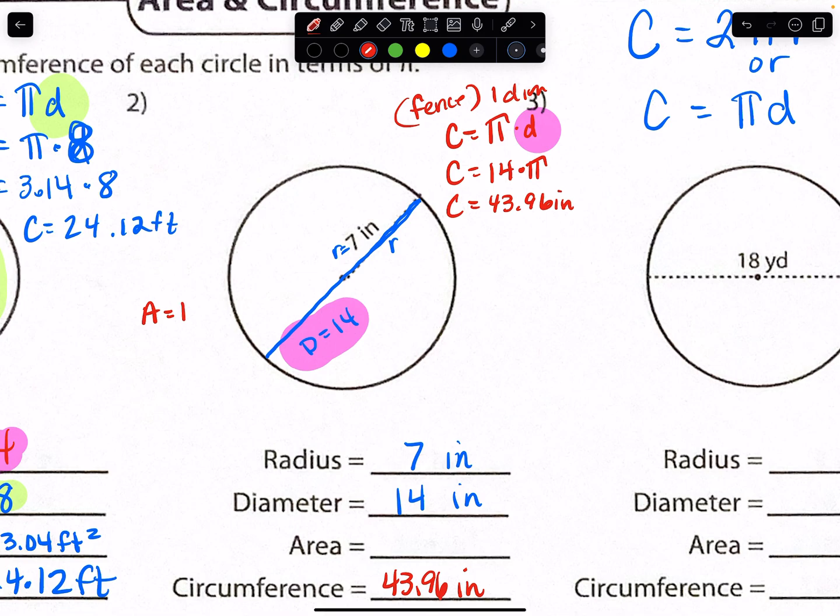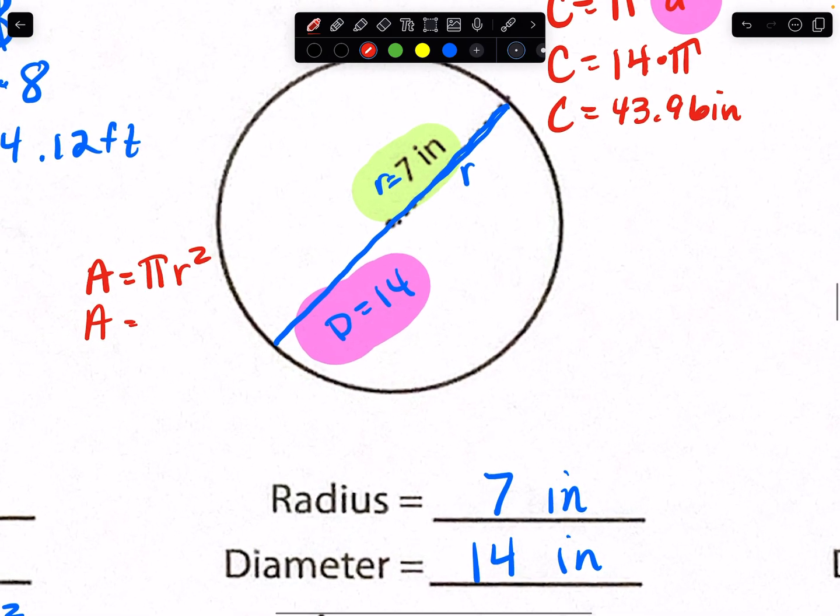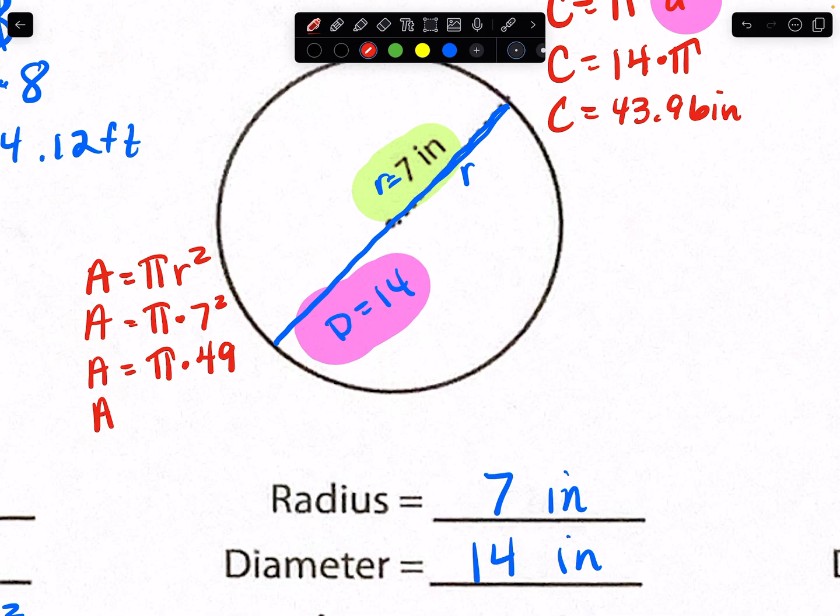So area equals, let's do it right this time, pi r squared. Okay, now since we know the diameter is 14, our radius is 7. So I'm going to write area equals pi times 7 squared. Area equals pi times 49. And if you're using your calculator, area equals 3.14, which is pi, times 49.